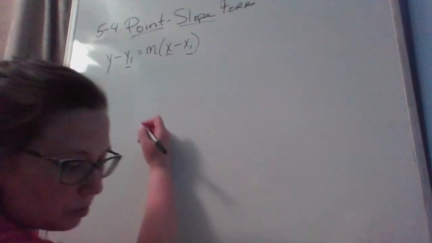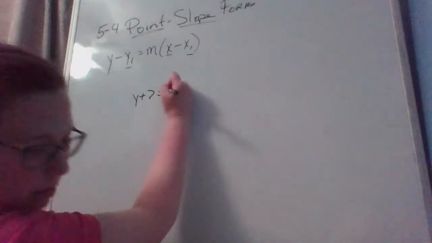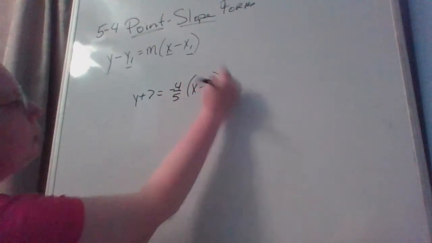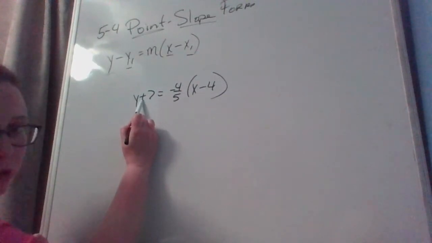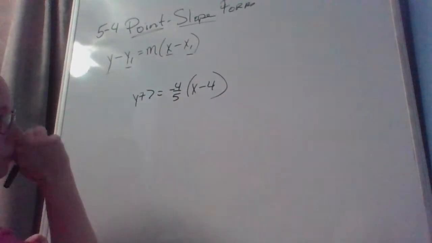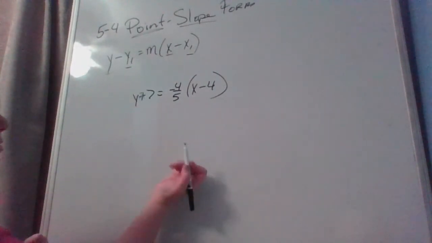So got it 2, they give us the equation y plus 7 equals -4/5 times x plus 4. So we know in our equation this should be a minus sign. It's not, it's a plus sign, which means that we could change that out for a negative.